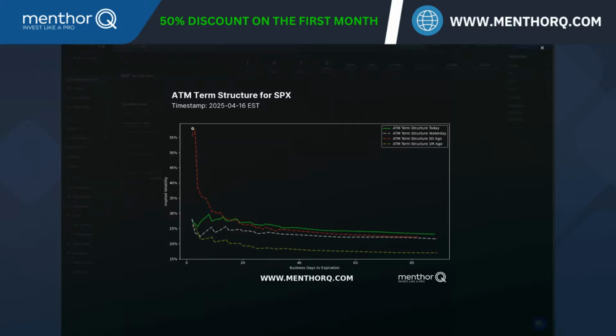Oftentimes when you see spikes like this, when we see vol jump up to 55 or 57% like we saw in the VIX, is that because the market is telling us that they think realized volatility over the next 30 days is going to actually be that high? Probably not. Much more likely is that implied volatility is going up and people are getting stopped out.